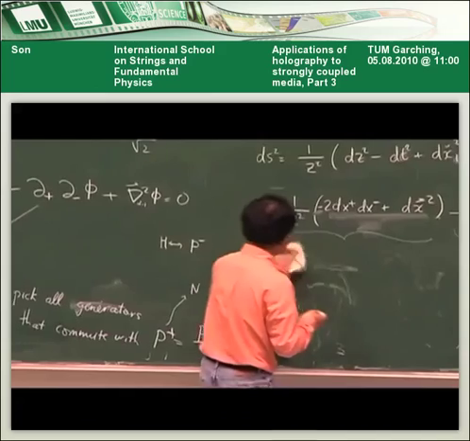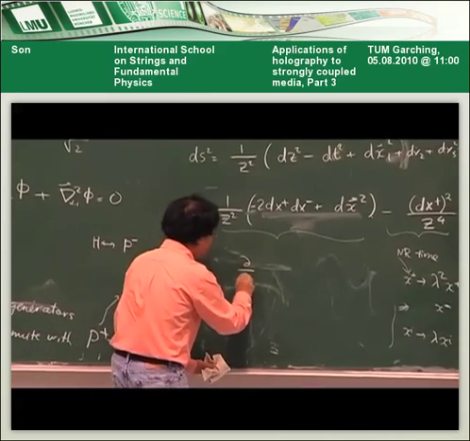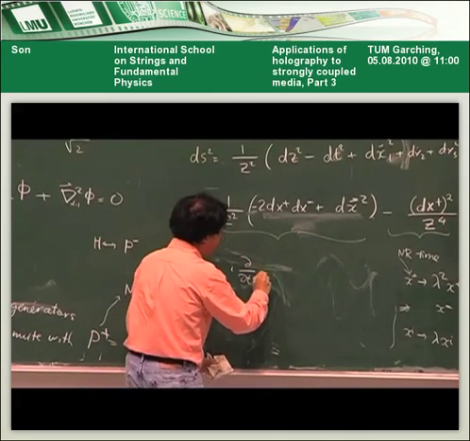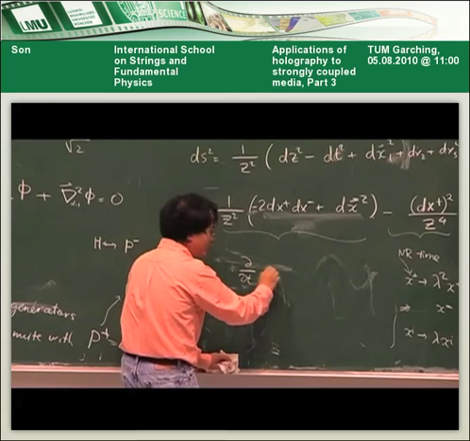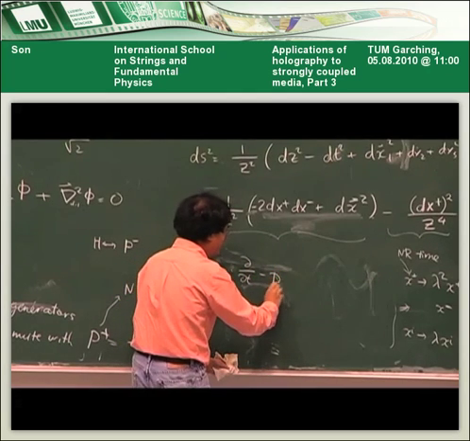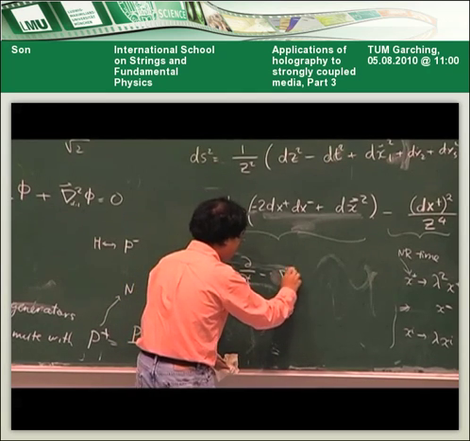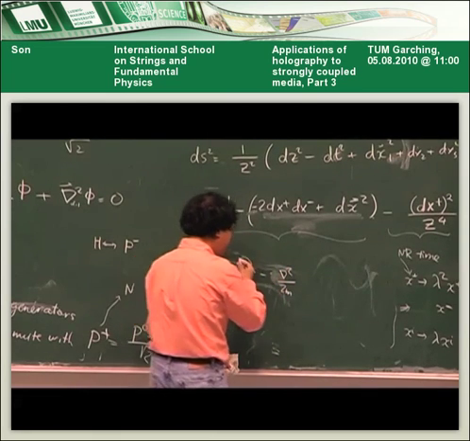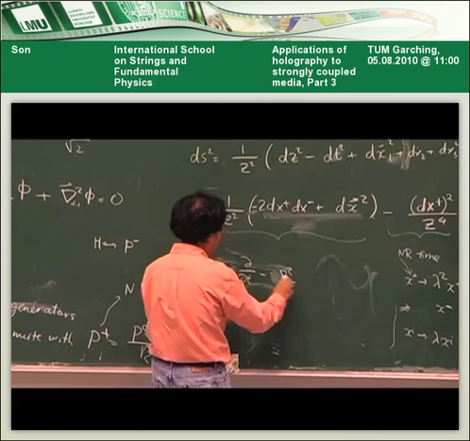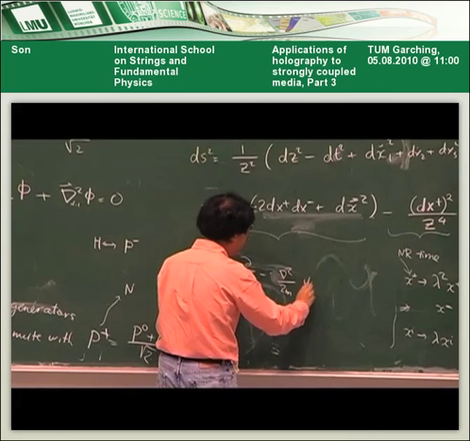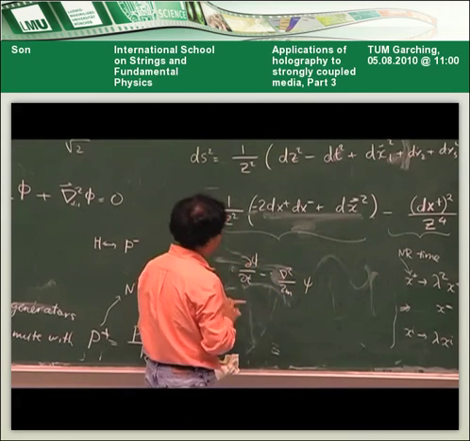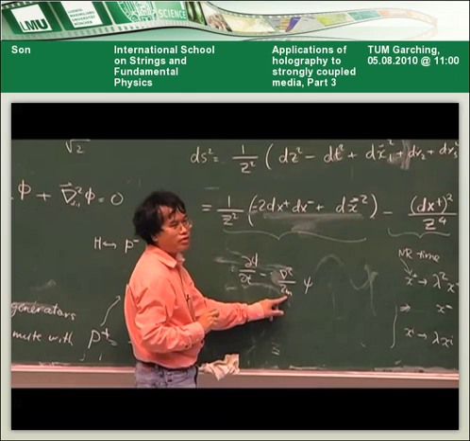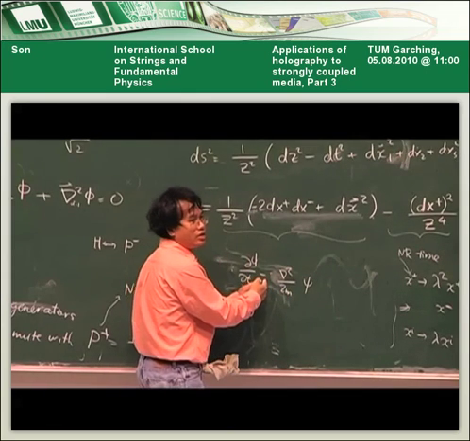If you write the Schrödinger equation in Euclidean time, it has the form of the diffusion equation if the mass is positive. If the mass is negative, you have a wrong sign here.